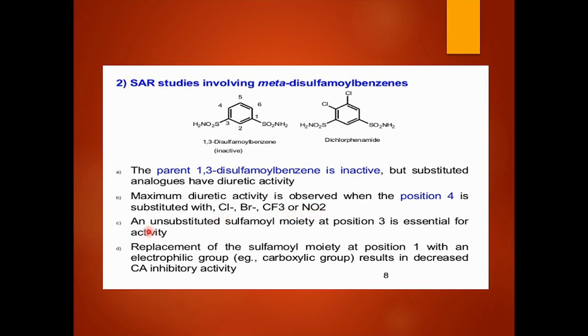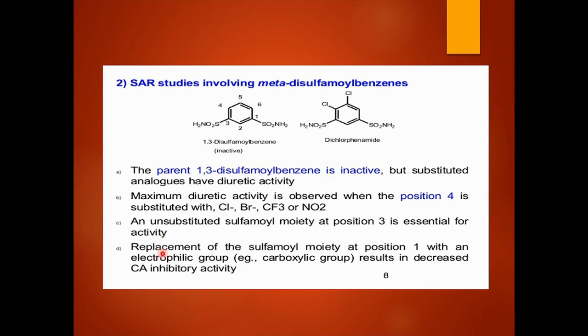Third point is an unsubstituted sulfamoyl moiety. The sulfamoyl moiety should be unsubstituted at position 3, and this is essential for activity. The drug structure should contain an unsubstituted sulfamoyl moiety in order to show activity.